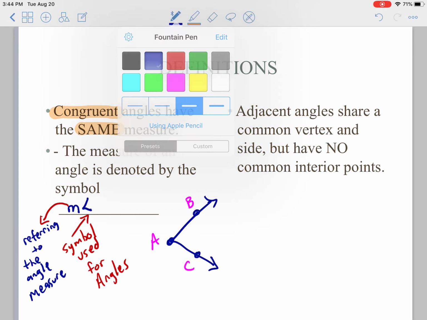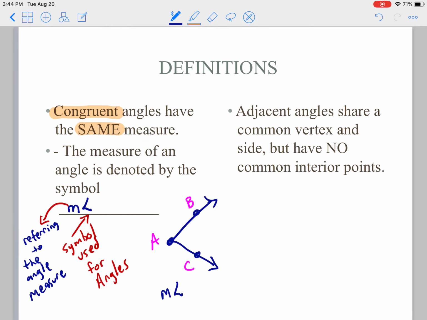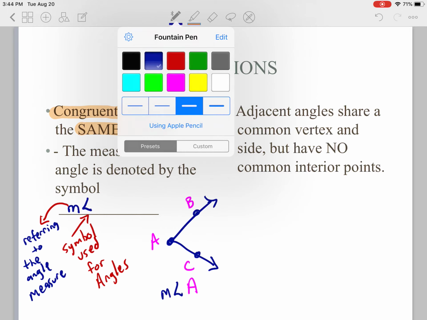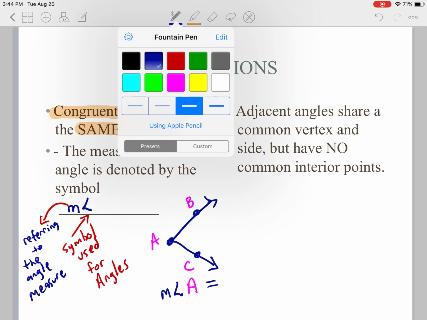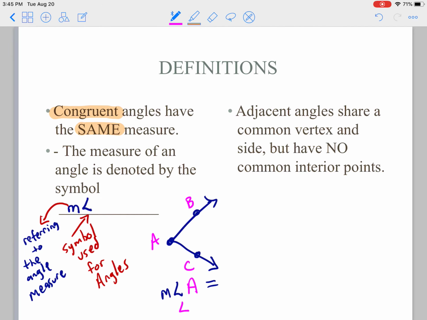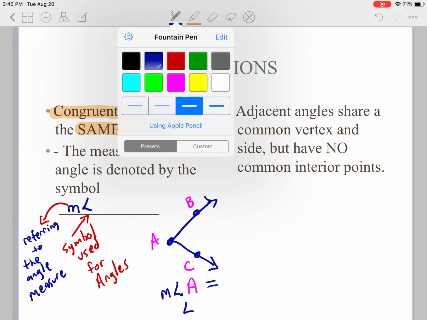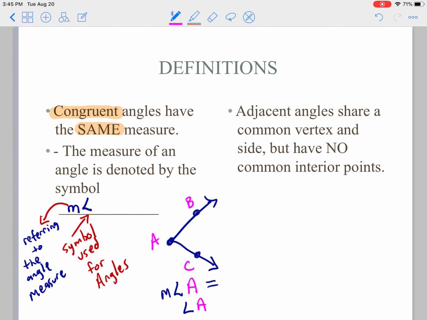If I wanted to write the measure of angle A, and because I'm referring to a measure, then I could also use equals because I am using measure. If I just want to refer to the angle itself, angle A, then I will no longer use equal.